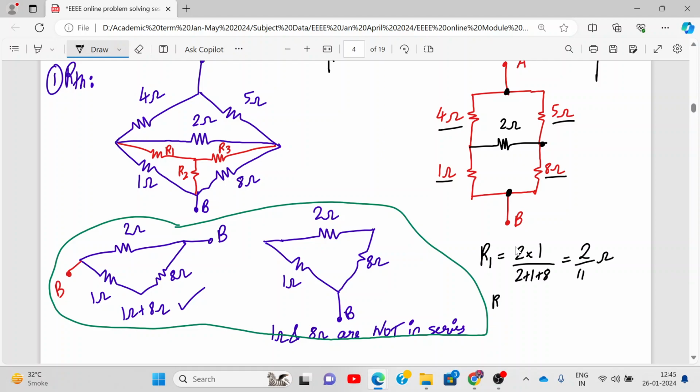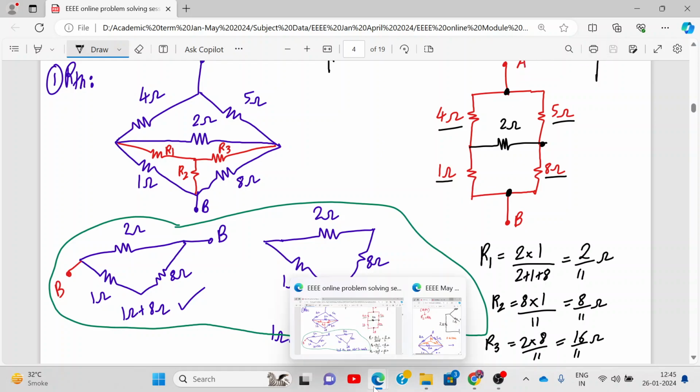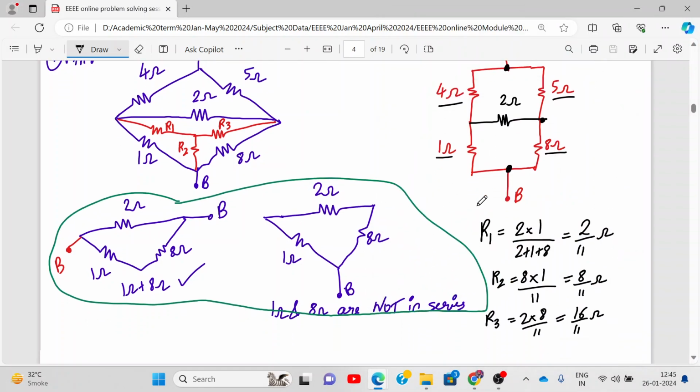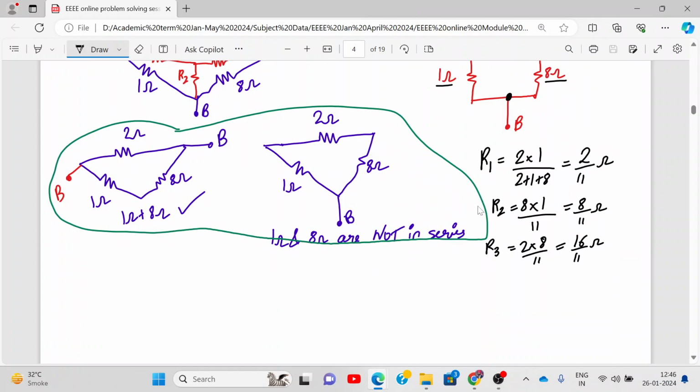Agree or no? Similarly, R2 is 1 into 8 divided by 11, so 8 by 11. And R3 is 2 into 8 divided by 11, so 16 by 11. Do you agree with these values? Now let me know the decimal values also.